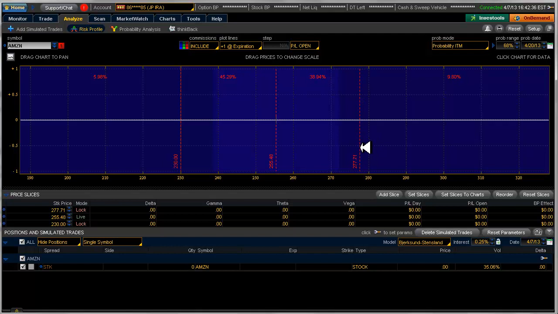Don't really like that a whole heck of a lot. I don't want to go back to 275, not feeling real comfortable about that. And I don't want to go to 280 because I don't think there's going to be any money in it, but let's take a look at it anyway. So we're looking at 280 here.